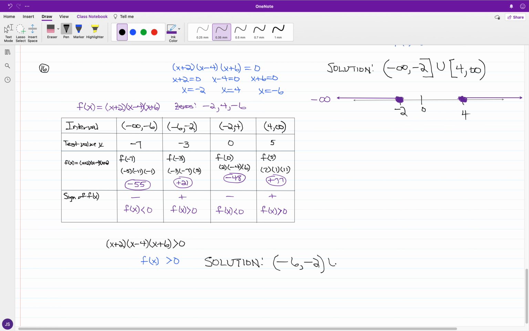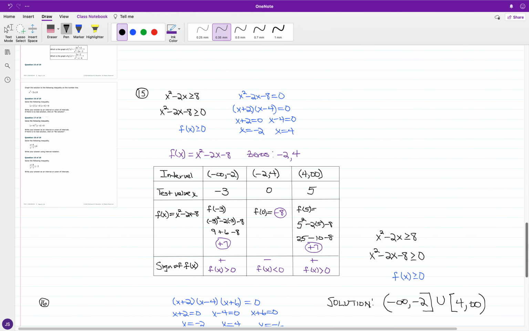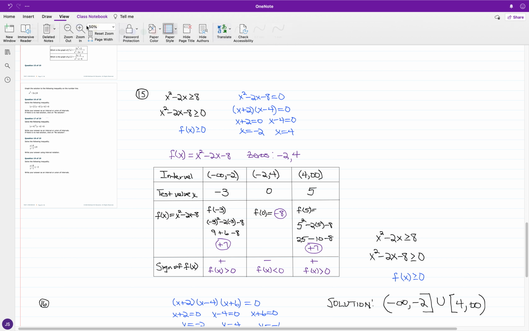And also where f of x is greater than 0, we have those values of x between 4 and infinity. Okay, so that would be the interval solution for this problem that we have for number 16.